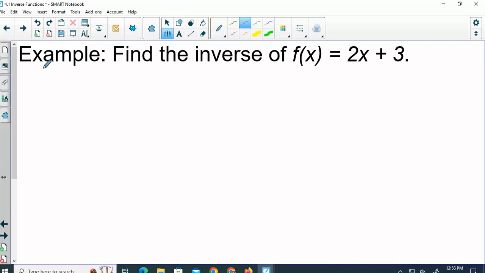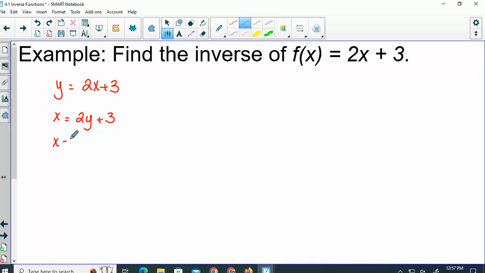So, if I want the inverse, first thing is to change the f of x into a y. What's the second step? Interchange X and Y. So this y becomes an x, my x becomes a y. And now we need to solve for y.